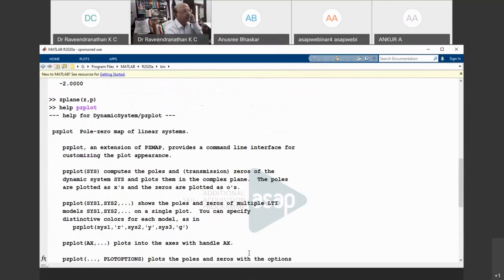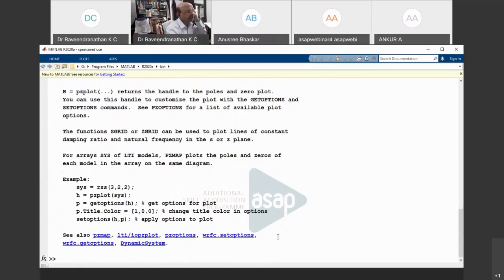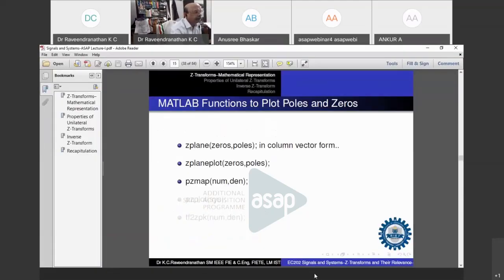Pole zero map of linear systems and how it has to be run. It is actually a case for a random state space model. The system is defined by this plot.